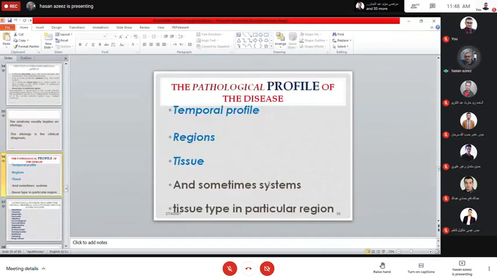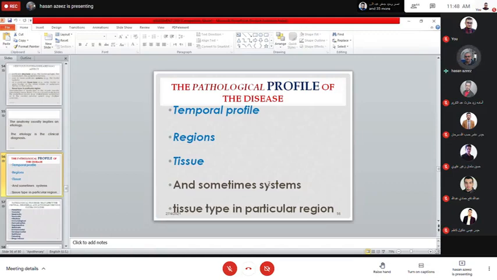So the pathological profile of the disease is the temporal profile, as we said in history: acute, subacute, sudden, and chronic. Then the region, the part of the nervous system affected, the type of tissue, and sometimes the system, and sometimes the tissue type in a particular region, meaning axons in the peripheral nerve.